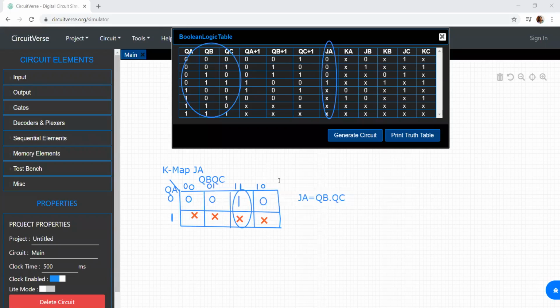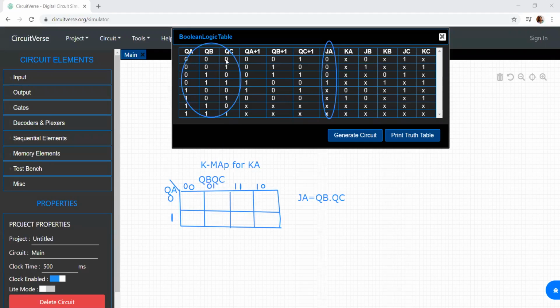Next, similarly, we have to write the K map to solve for KA. Now we'll write the K map for KA. So this will be the K map for KA. Now what is happening in KA, if you can see, the first value is an x.